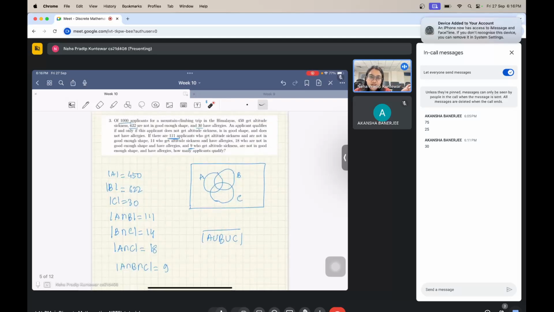Either they have allergies, or altitude sickness, or they're not in good shape, and we do not want to send any of them. That's why you are looking for the area outside. So maybe try this out.